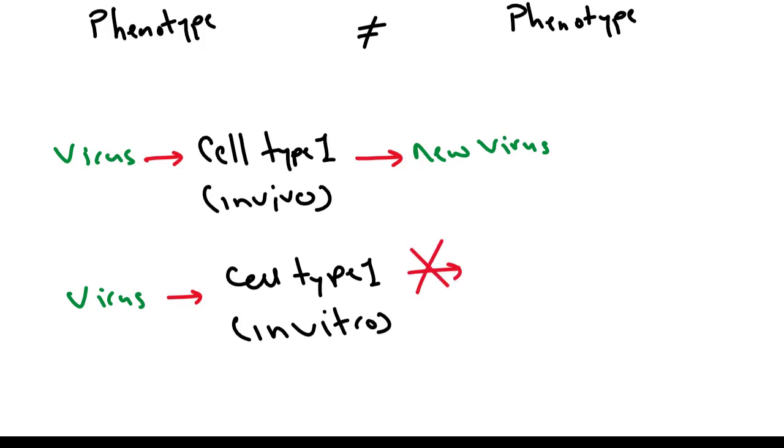Okay? Why is that? Well, when I transferred those cells, that cell type 1, into an in vitro environment, its phenotype slightly changed, and that change was enough, so now those cells cannot be infected by this virus. And this happens all the time.